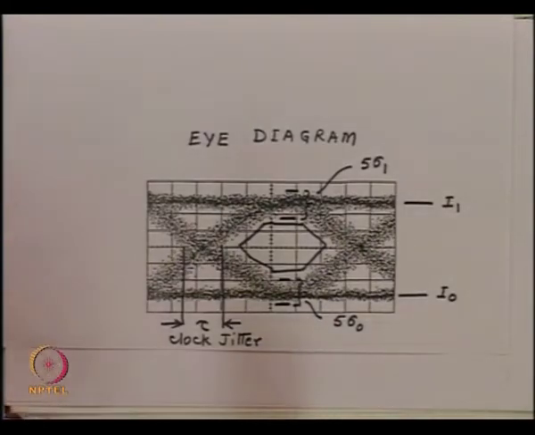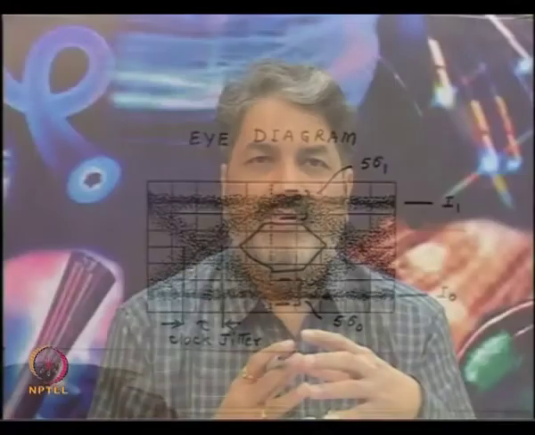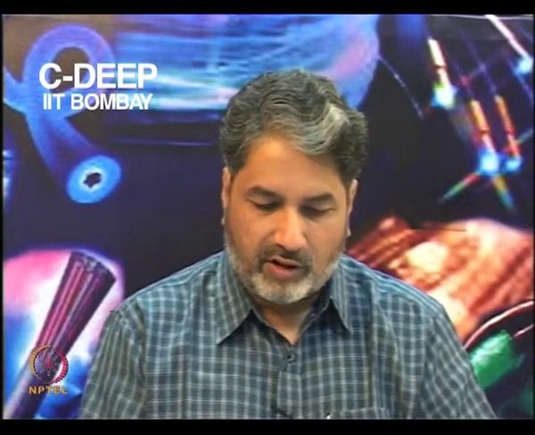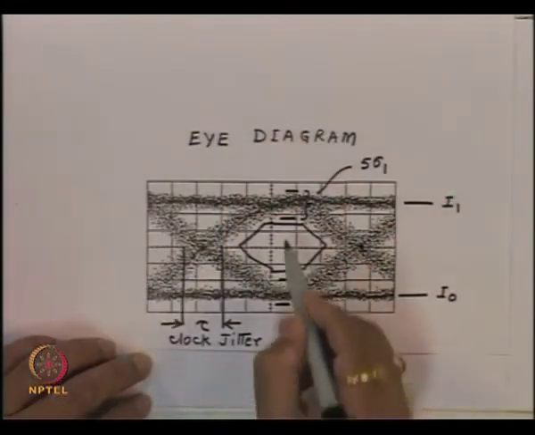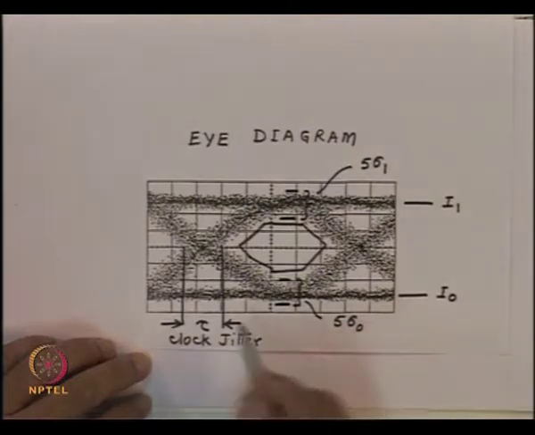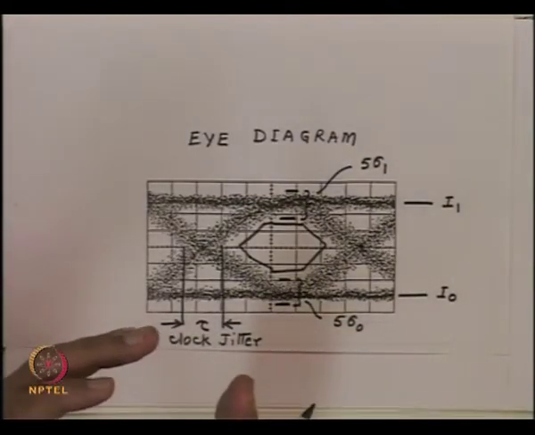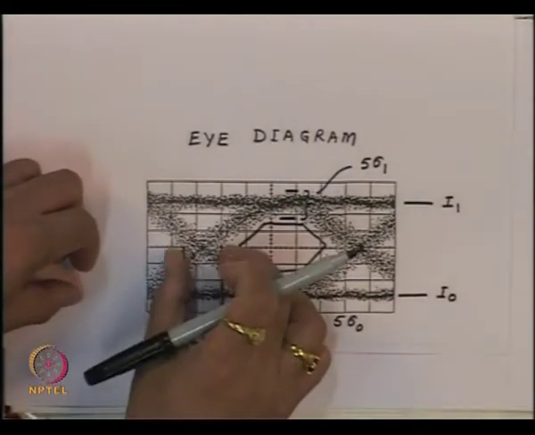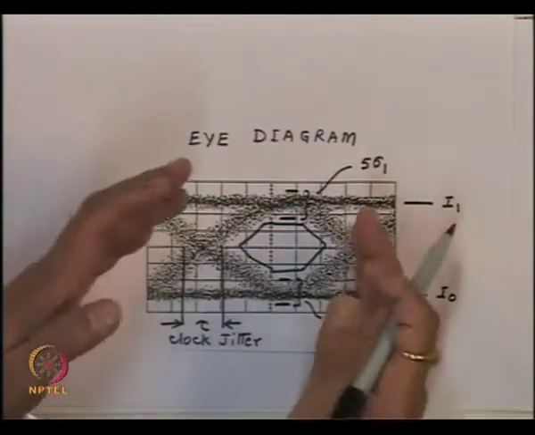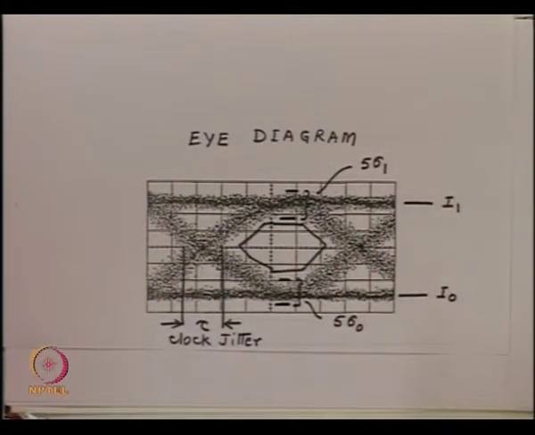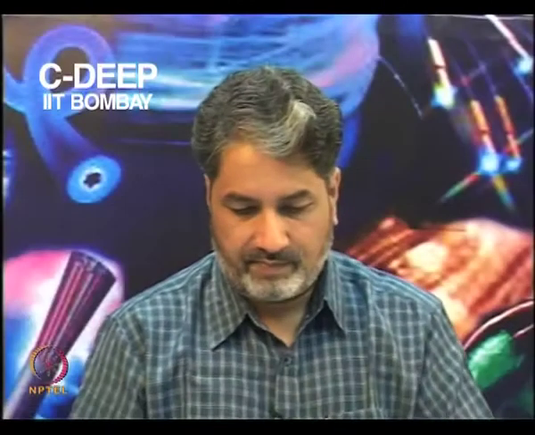So, the eye diagram gives two parameters. One is the signal to noise ratio, which is related to the bit error rate, and also it gives you the clock jitter, because the clock jitter tells me how precise my sampling point should be. Ideally the sampling point should be in the middle, but if the clock jitter increases, this region becomes wider, and the eye starts closing horizontally.